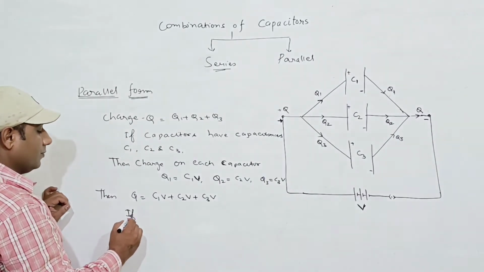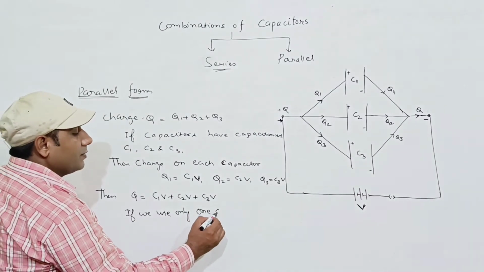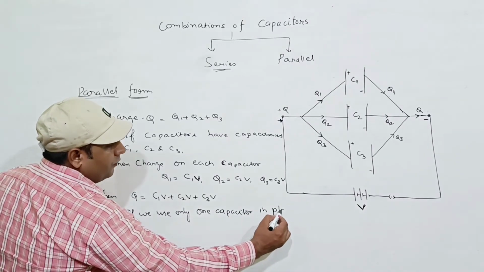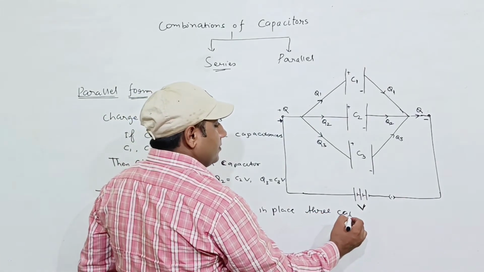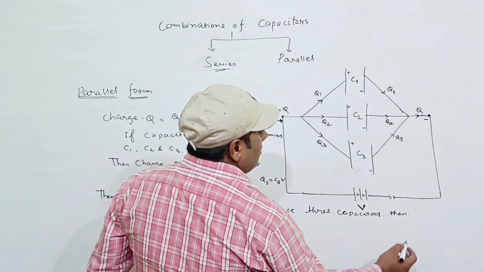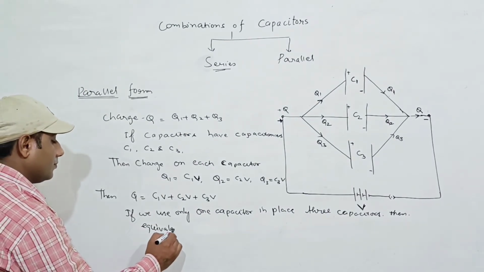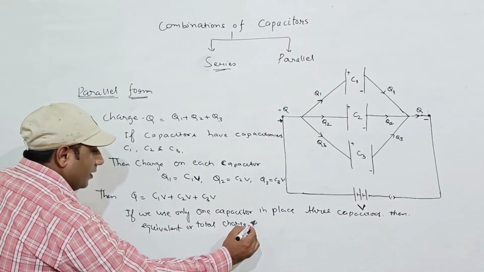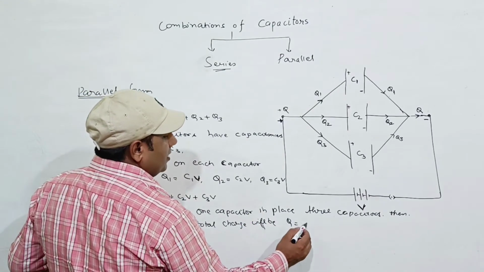If we use only one capacitor in place of three capacitors, then the equivalent or total charge will be Q is equal to CV.